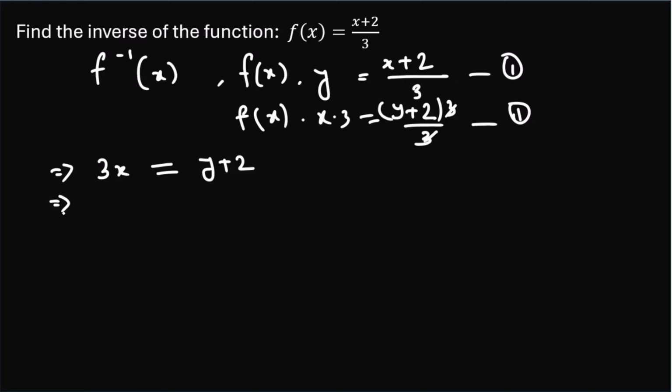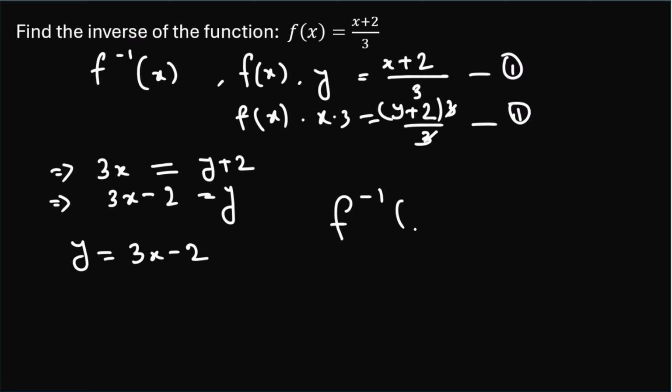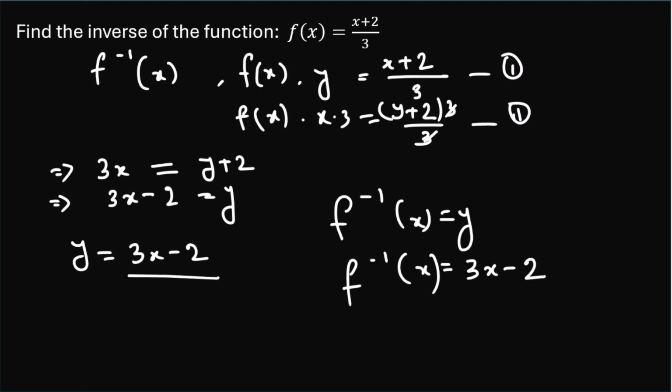If we change the side, 3x minus 2 equals y. So y equals 3x minus 2. Here f inverse of x equals y, so f inverse of x equals 3x minus 2. This is the answer.